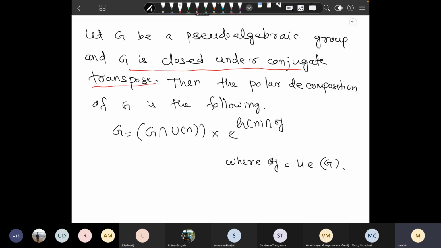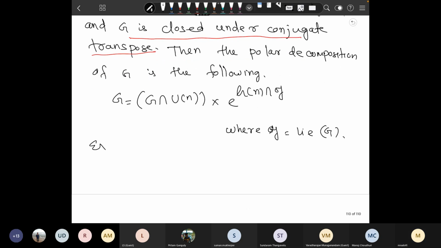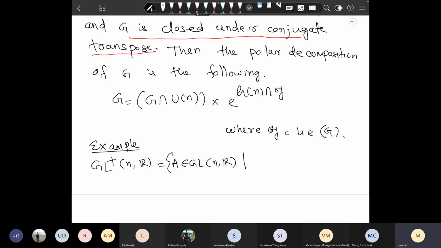But that doesn't mean that if the group is not pseudo-algebraic, then you cannot have that polar decomposition. For example, consider the group GL plus n R, the set of A belonging to GL n R such that the determinant of A is positive.